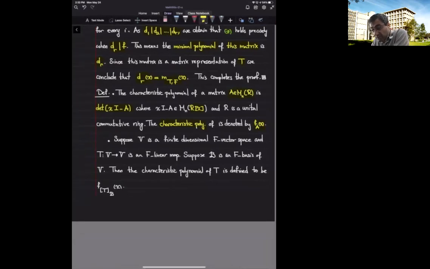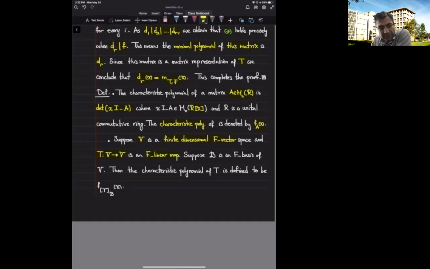Now, next I want to define the characteristic polynomial of a linear transformation over a finite dimensional vector space. So suppose V is a finite dimensional F vector space. Then T from V to V, and suppose T is also an F linear map from this finite dimensional space to itself.